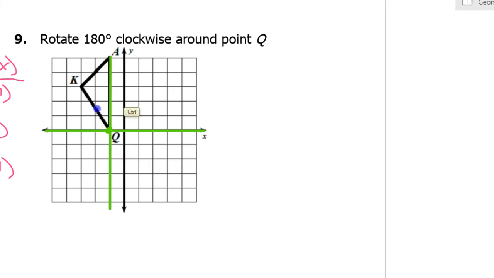So using the fake x and y axis, what are the coordinates of these points? Let's start with point A. Point A is now 0, comma 5. What about K? That's negative 2, 3. Q is at 0, 0 on the fake axes.